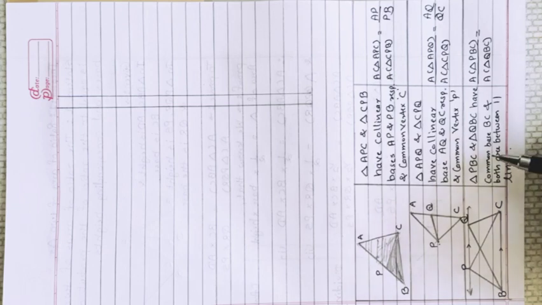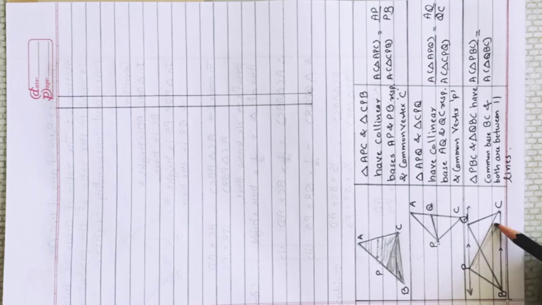Now here, triangle PBC and triangle QBC have a common base BC, and both are between parallel lines, as PQ is parallel to BC.